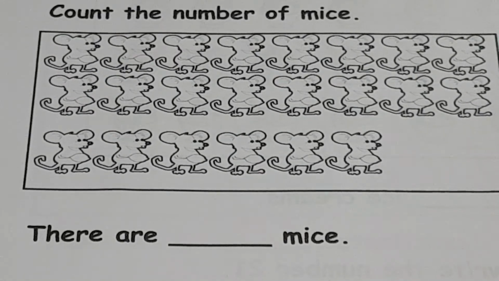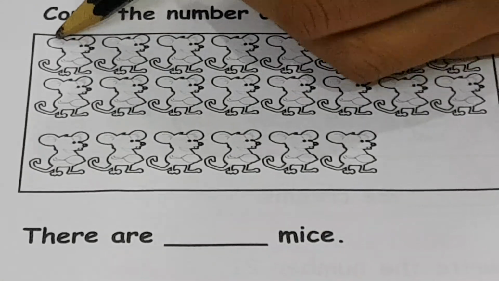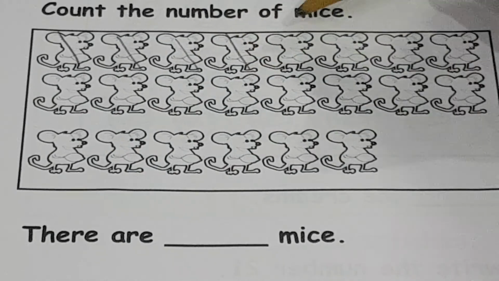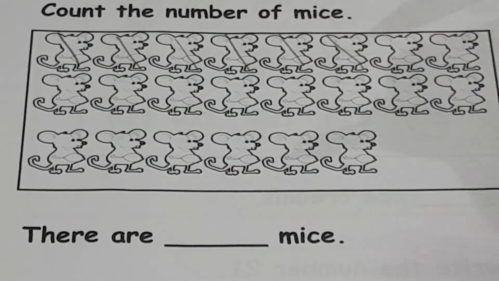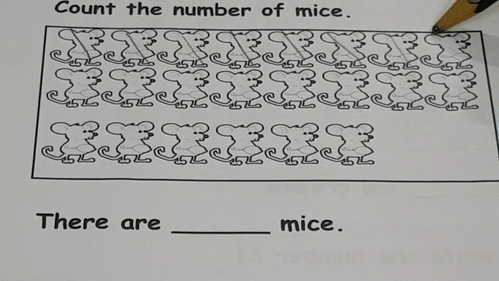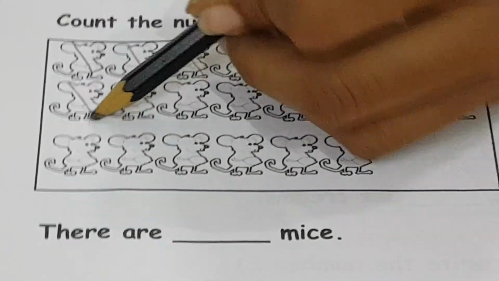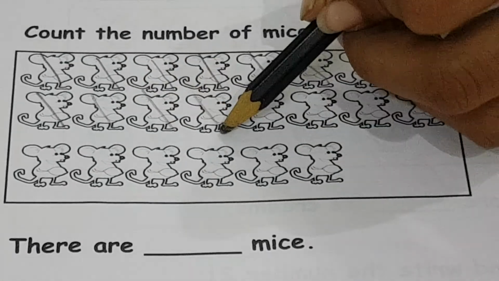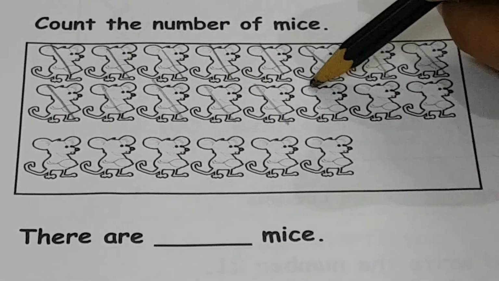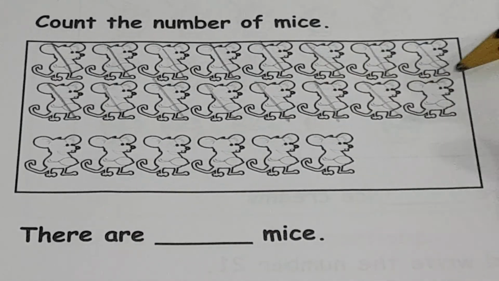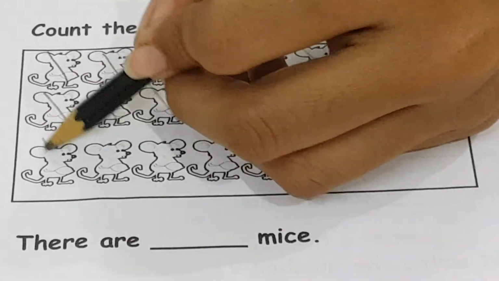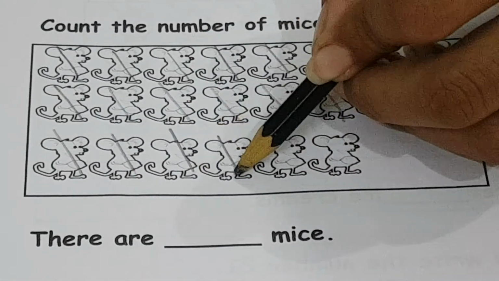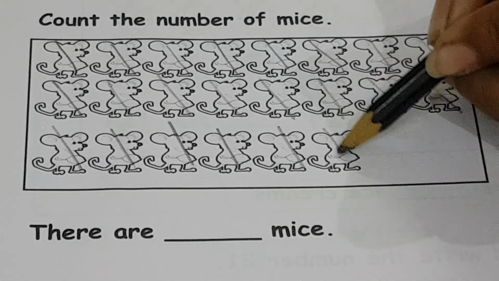Come, you count along. 1, 2, 3, 4, 5, 6, 7, 8, 9, 10, 11, 12, 13, 14, 15, 16, 17, 18, 19, 20, 21, 22.